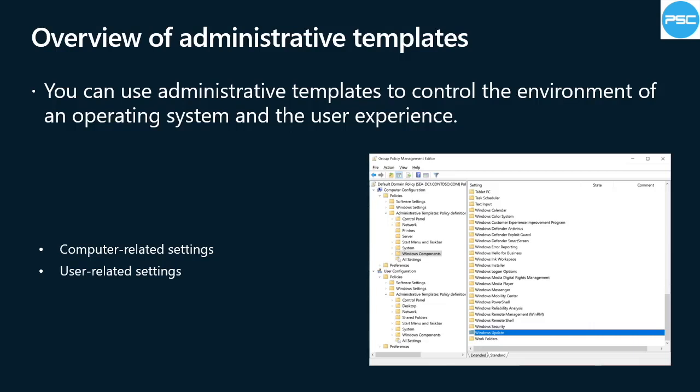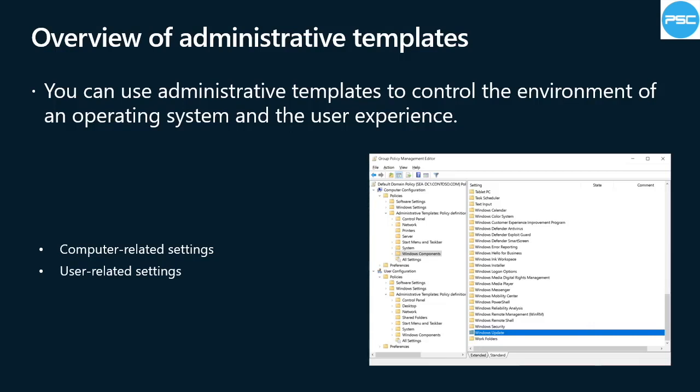The settings in the user section of the administrative templates node edit the HKEY_CURRENT_USER hive in the registry. Some settings exist for both user and computer, and some settings are available only to certain versions of Windows operating systems. For example, you can apply several new settings only to Windows 11.